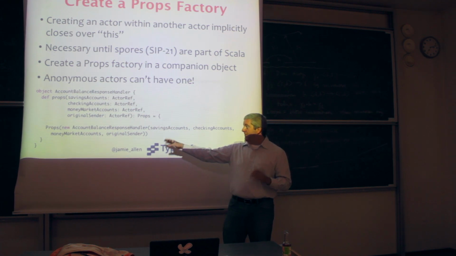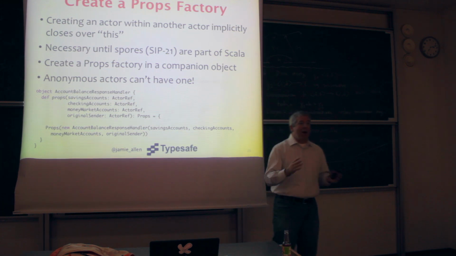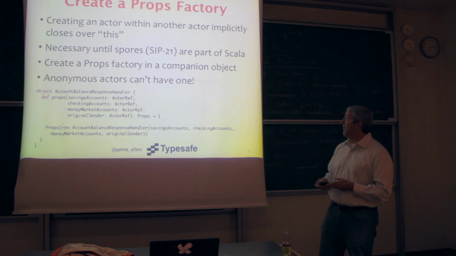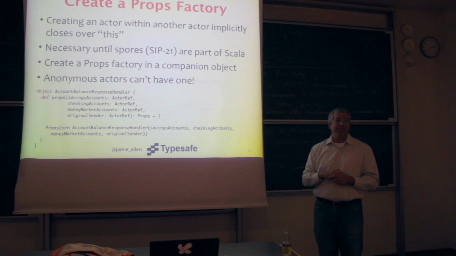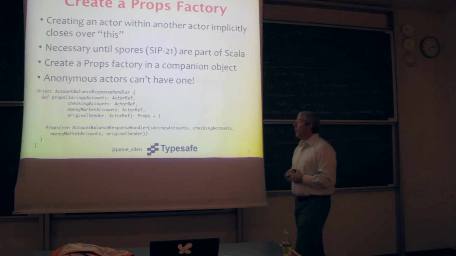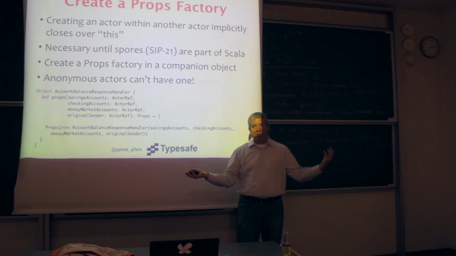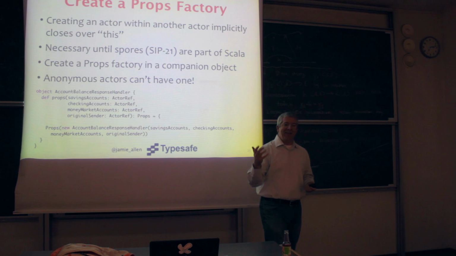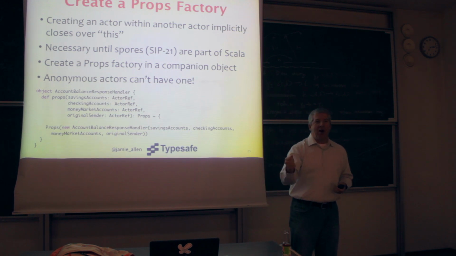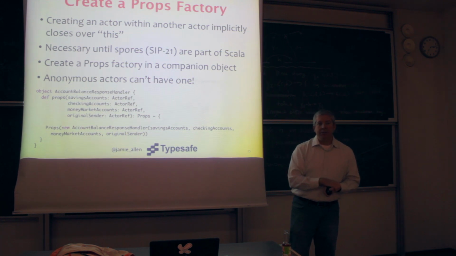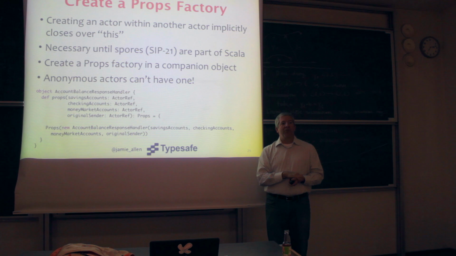Okay? So this is just a pattern for getting around something that theoretically will be fixed in SIP 21. This is the Scala Improvement Process. And SIP 21 is going to introduce these concepts of pickles and spores. A spore is the idea that you can declare what you're allowing people to close over before you do the closing over. So you say, all right, I'm going to close over sender over here.